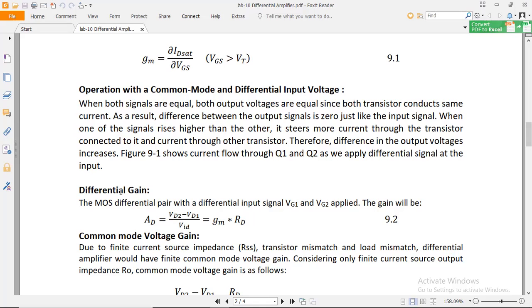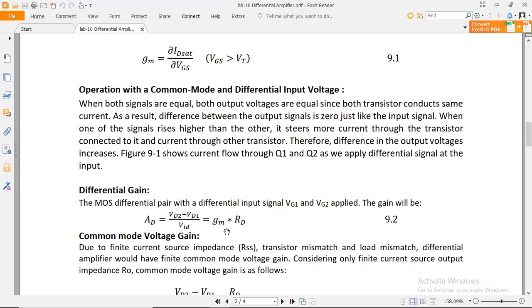And how can we find the differential gain? It's a simple formula. For the MOSFET differential pair with a differential input signal VG1 and VG2 applied, the differential gain, represented by capital A with subscript d, will be VD2 minus VD1, this is the differential output voltage 2 minus output voltage 1, divided by the input differential voltage.